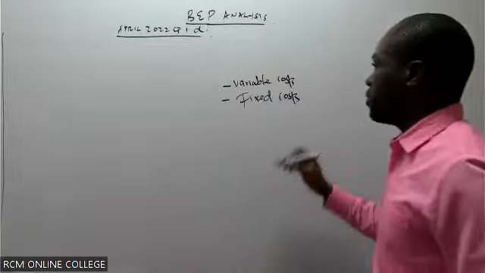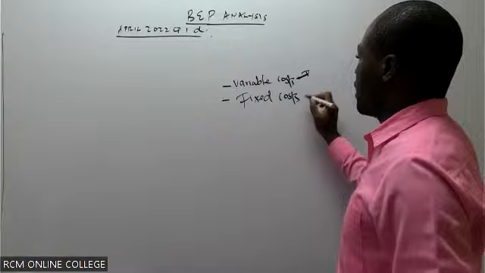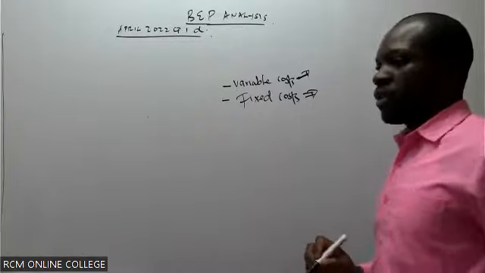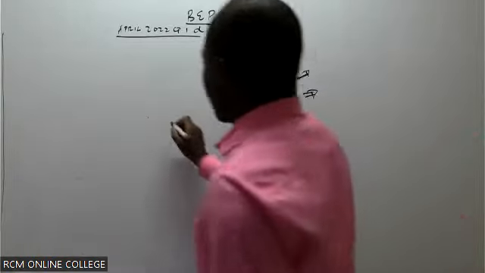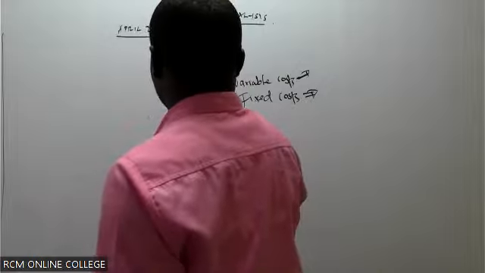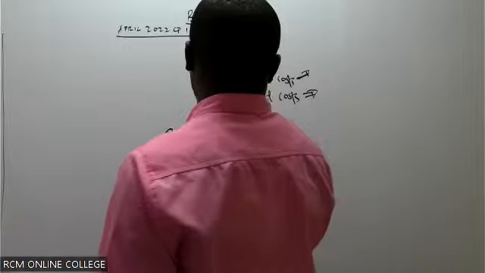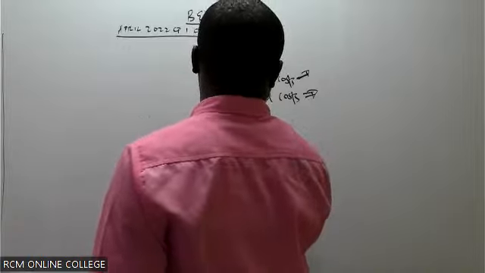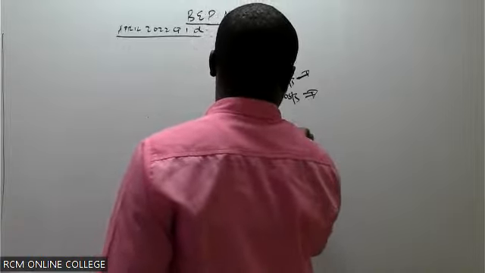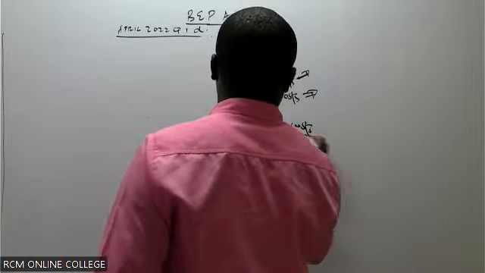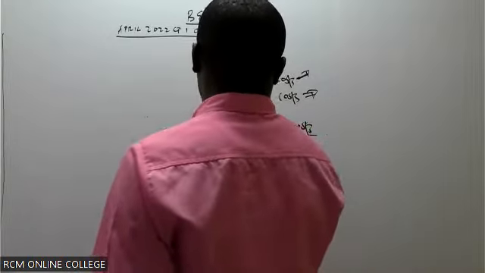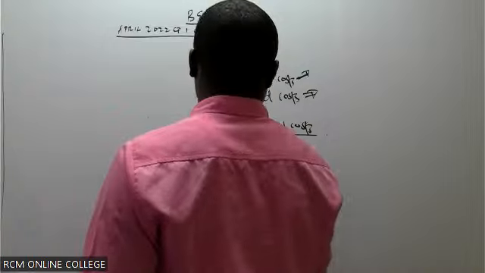So your work is to bring all the variable costs together and all the fixed costs together. Because to get the break-even point, now that we are dealing with multiple products, we need to take total fixed costs.